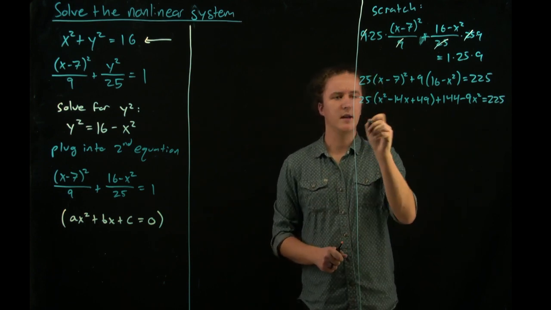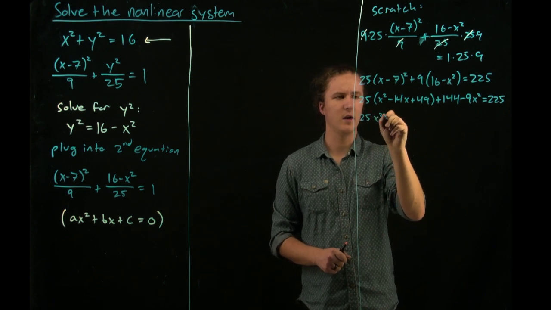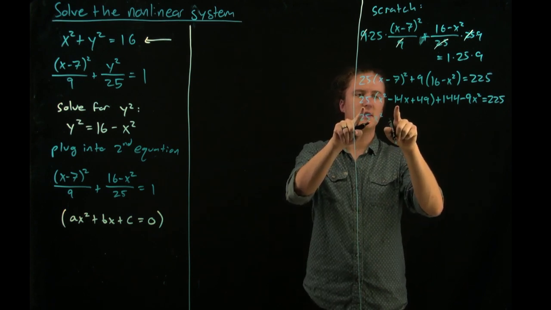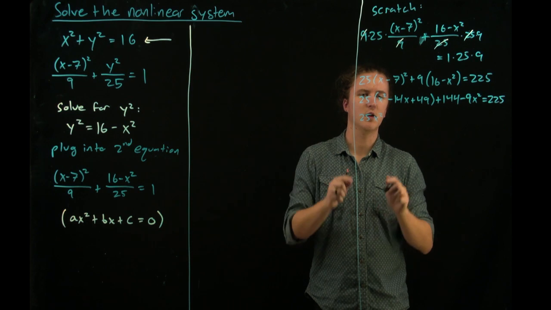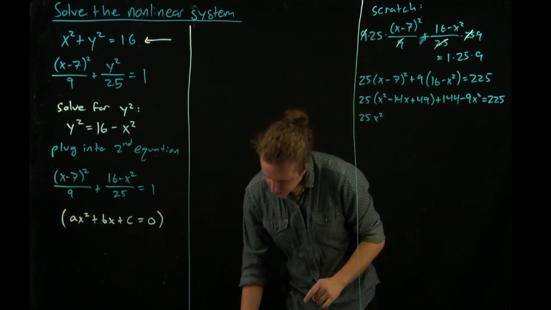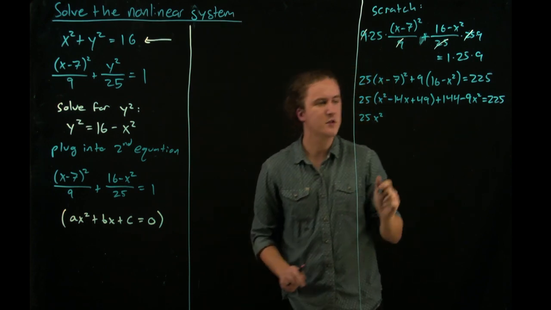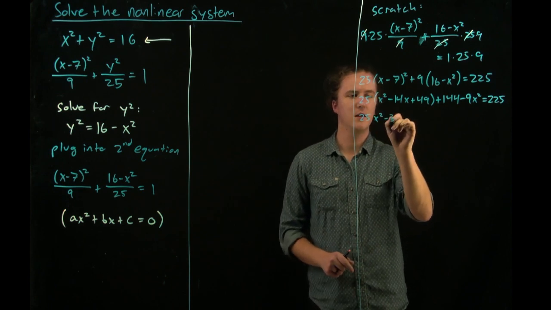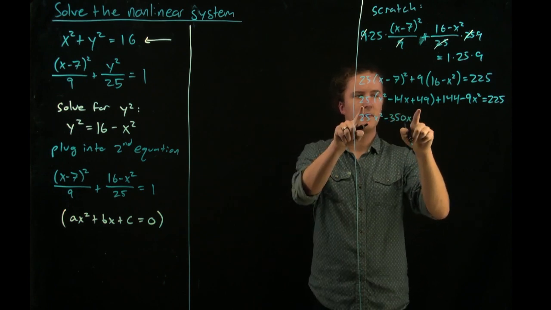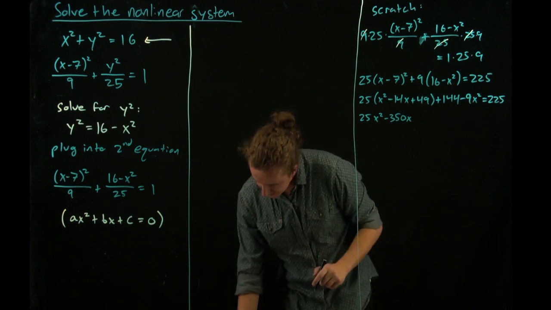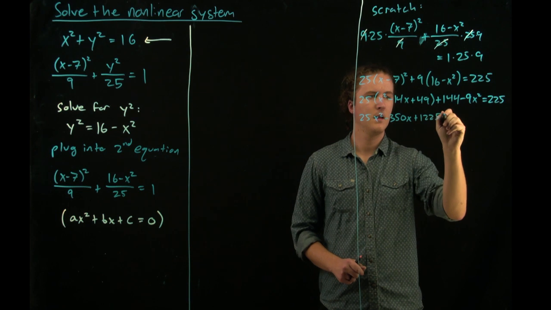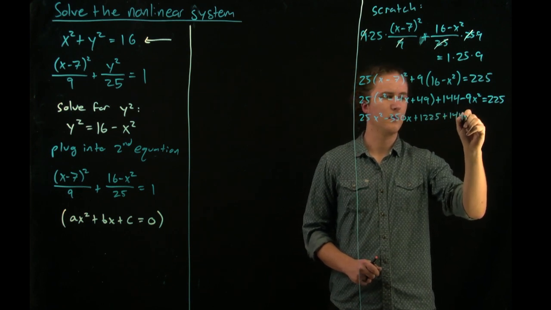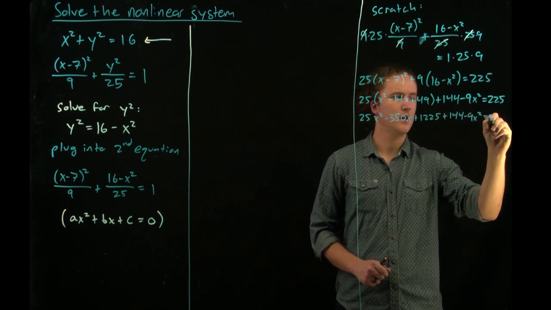I get 25x squared. 25 times negative 14 is, let's see if we can do this, 10 times 20 is 200. Let me check my cheat sheet here. This should be equal to negative 350 multiplied by x, and 25 times 49 is equal to 1225, plus 144 minus 9x squared equals 225.